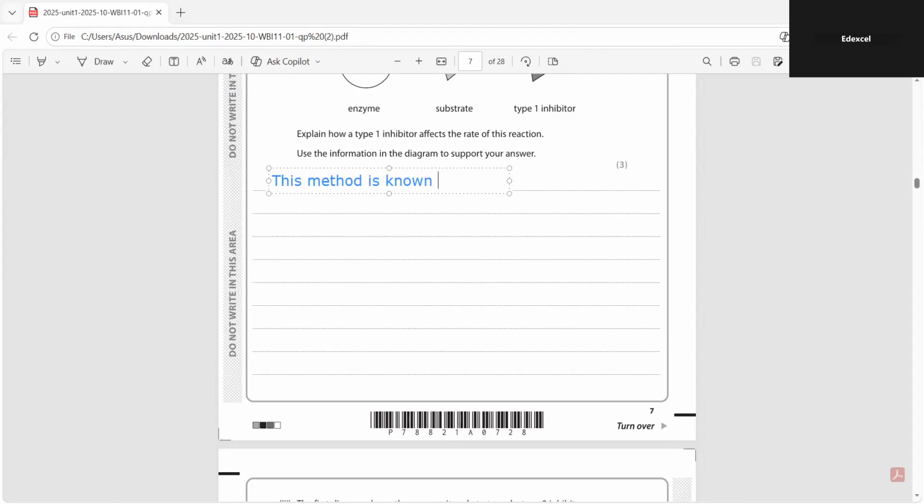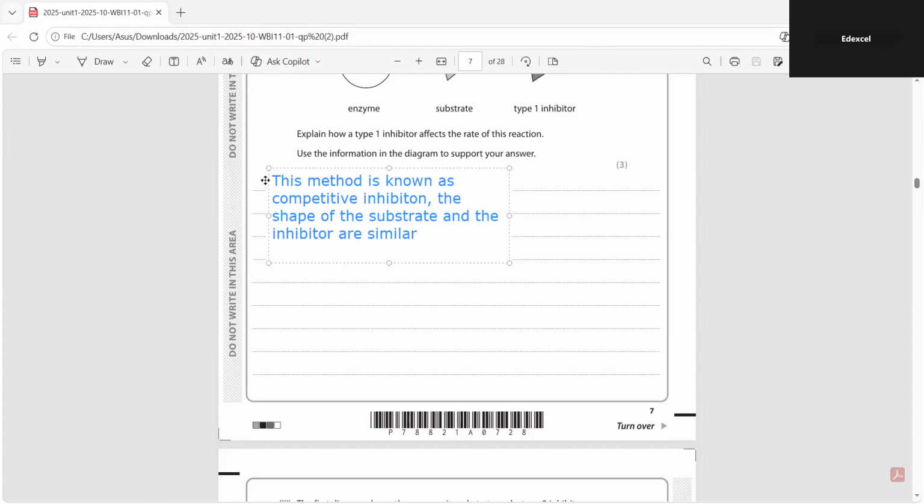Competitive inhibition. And here the shape of the substrate and the inhibitor are similar.